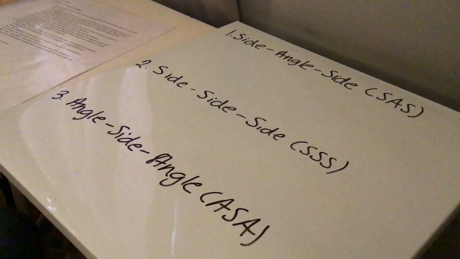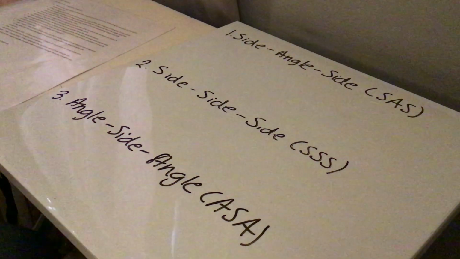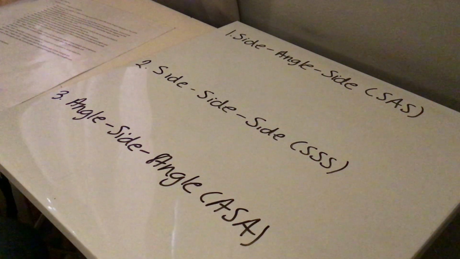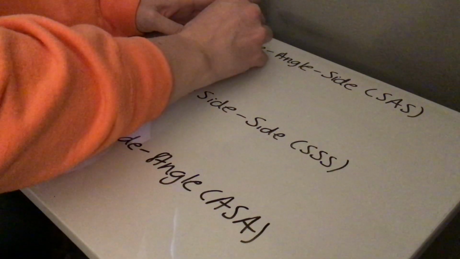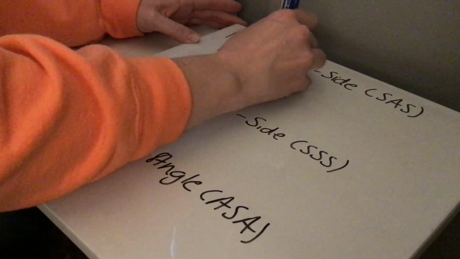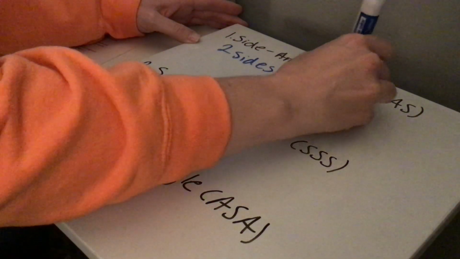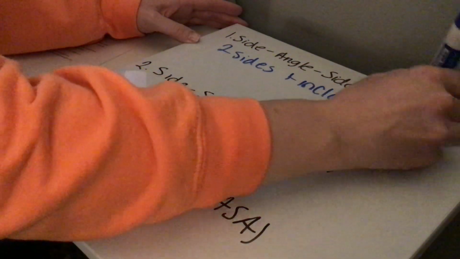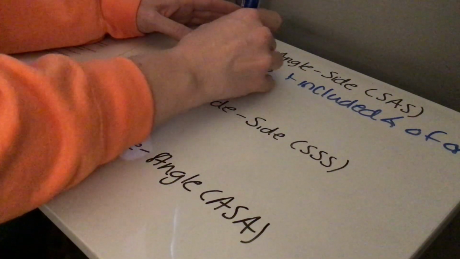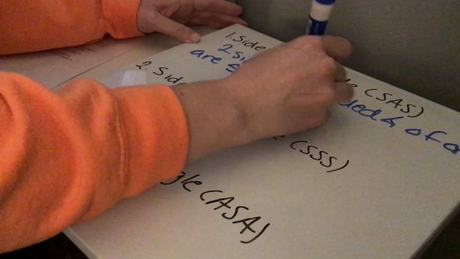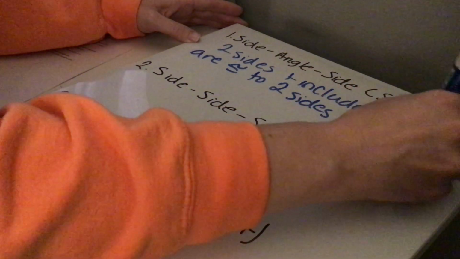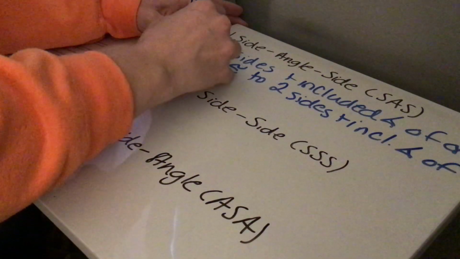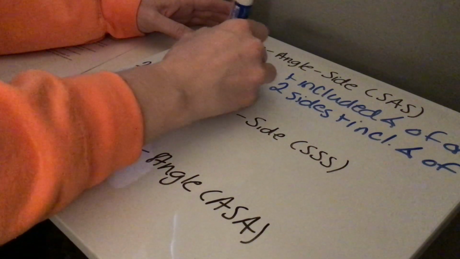And what these 3 say are, for side angle side, if 2 sides and the included angle of 1 are congruent to 2 sides and the included angle of a second, then the triangles are congruent.